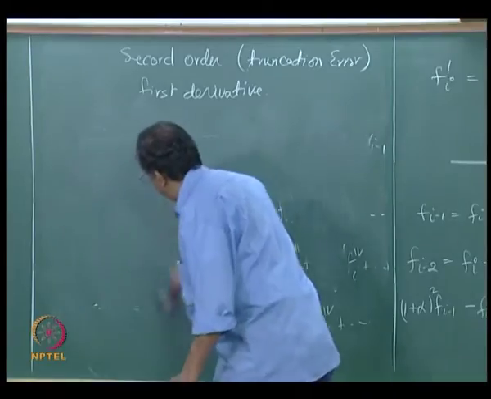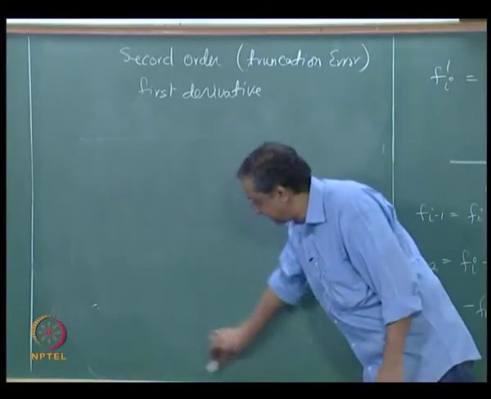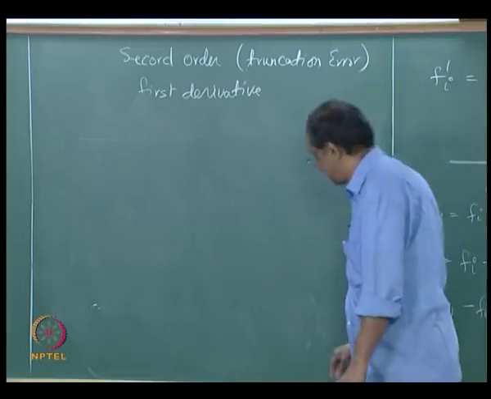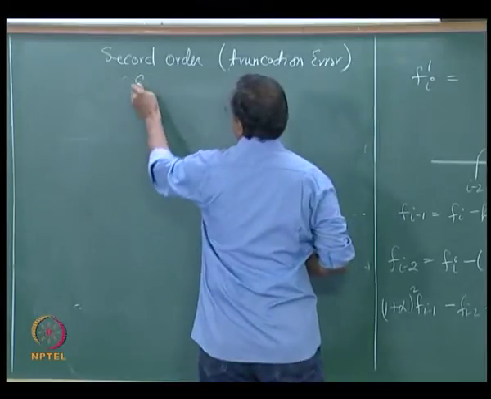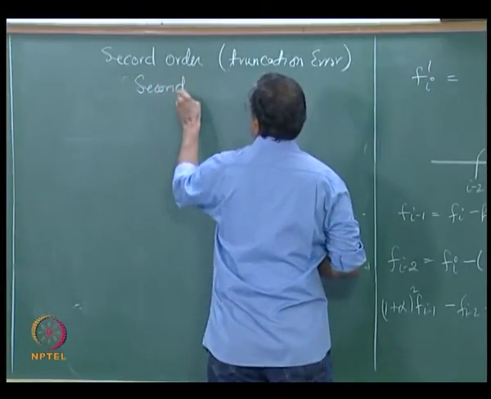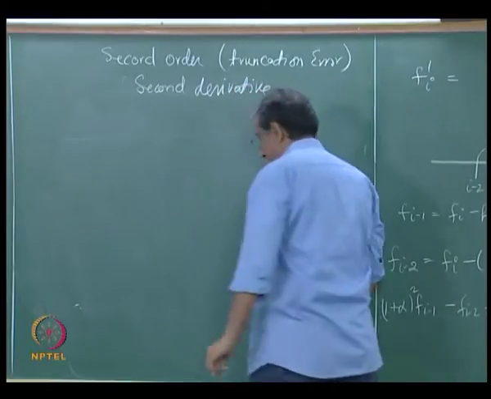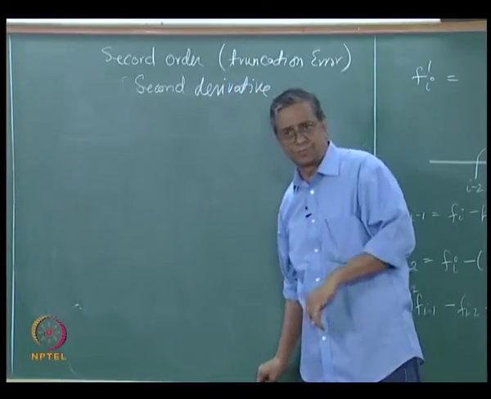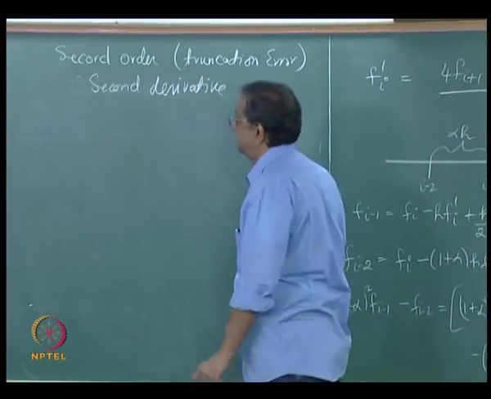I will quickly repeat the second derivative that we did last time. So it is the second order second derivative, just because I am going to do it twice, once as we did last class, and then I am going to repeat it again with unequal intervals.